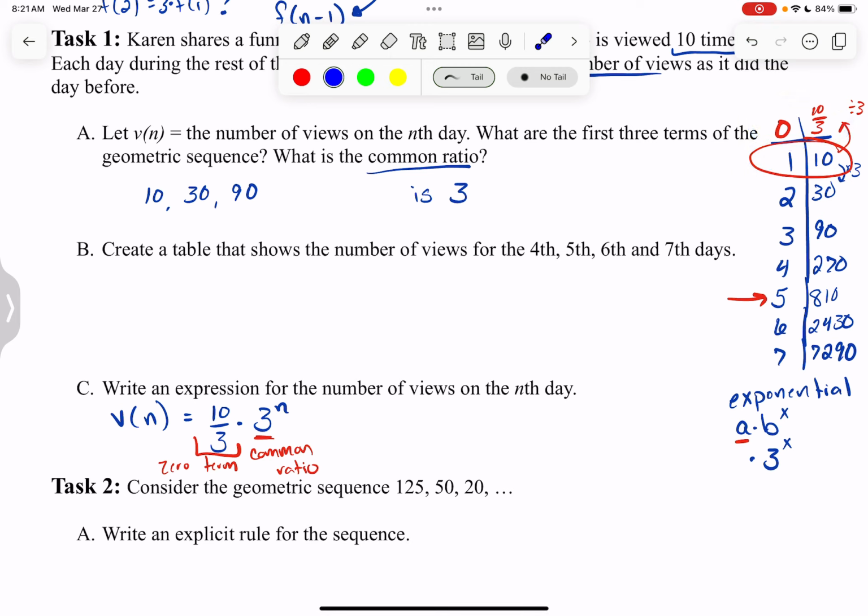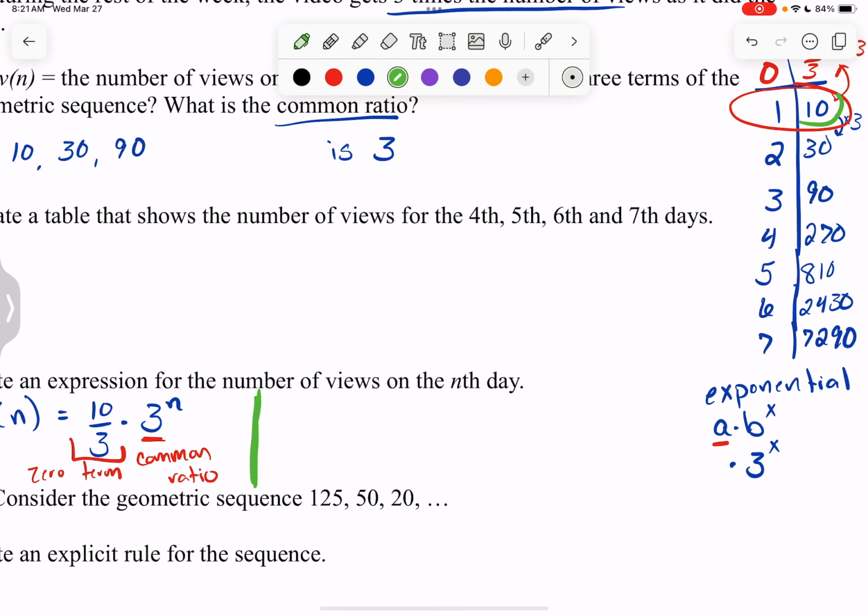Okay. Another way of doing it is to back up the number of terms, to back it up to the previous term and back it up here instead. So the other way of doing it, I'm going to switch colors. The other way is to still use the 10 for the 1st term. So V of n equals 10 times, but instead of doing 3 to the n, we're going to back it up 1. 3 to the n minus 1.